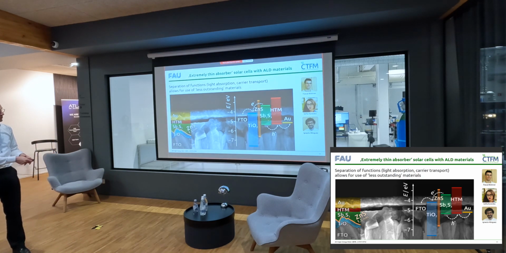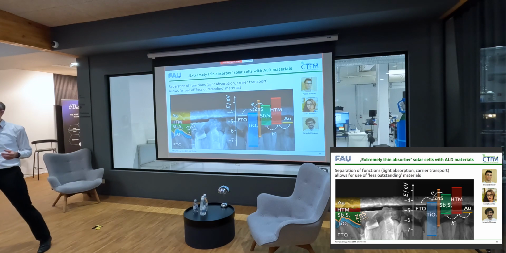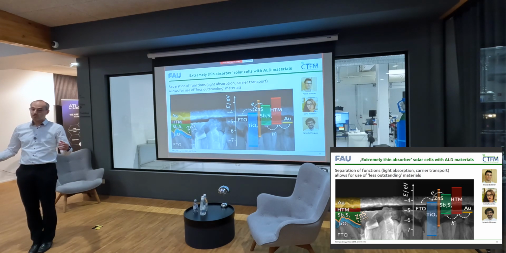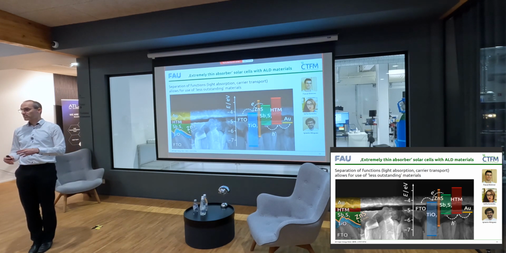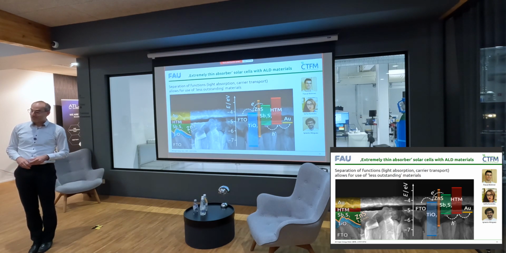One must be good only at absorbing light, one good at conducting electrons, and one good at conducting holes. And with this, you have a little bit more freedom to choose semiconductors that are good at one thing, right? And so they don't have to be 99.9999% pure single crystalline silicon, or things like CIGS, that are quaternary phases.